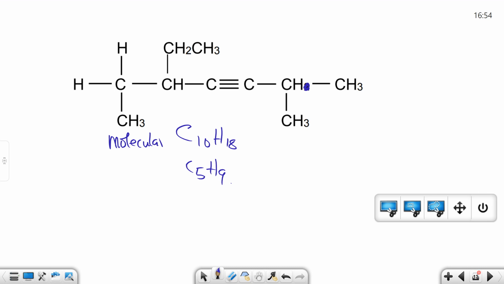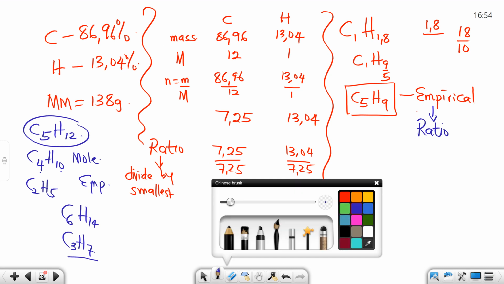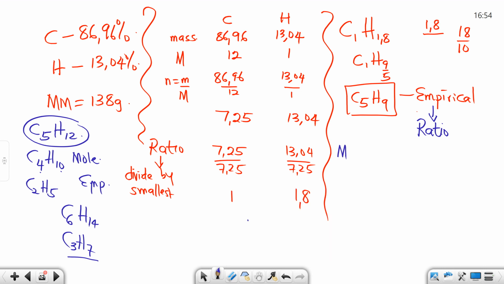Just to revise empirical formula. They gave you this, but now it comes as composition, and then you must get the empirical formula. Do you see my empirical formula? How do I then go to the molecular formula? I am going to calculate the molar mass. This is 5 marks or so.